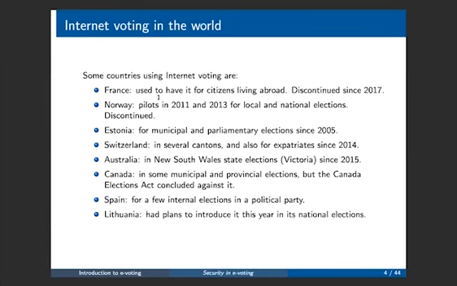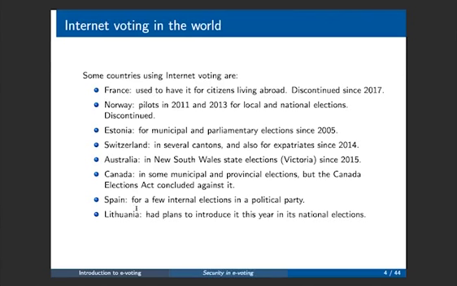In Norway, they were doing a couple of pilots in 2011 and 2013 for local and national elections, but then it also got discontinued. In Estonia, they've been using it since 2005 and they are still using it. This is one of the few places where it's still being used and it's still considered a success.